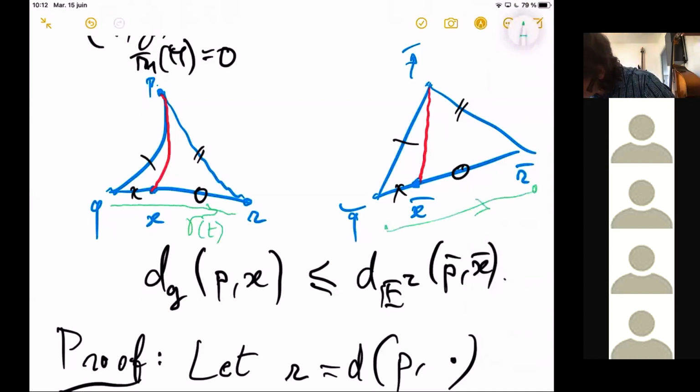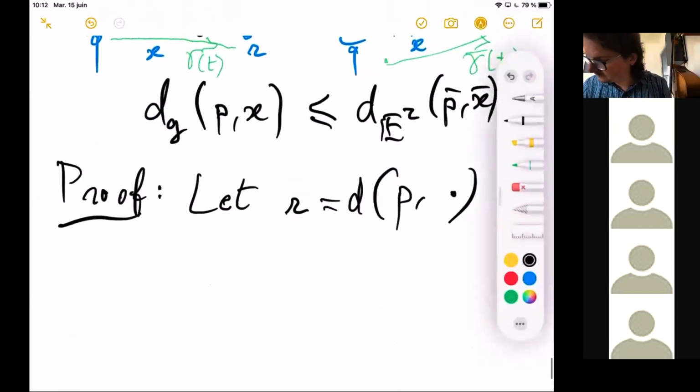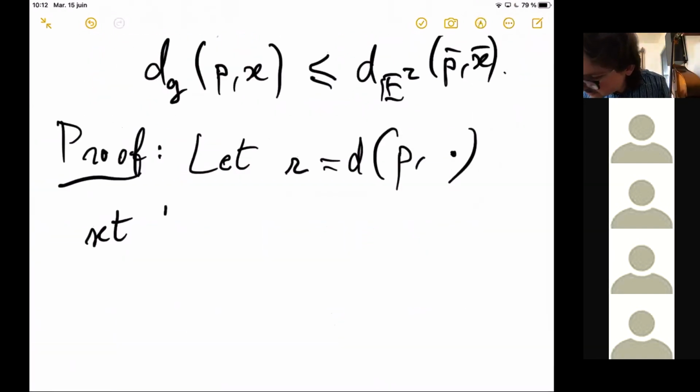And here would be gamma bar of t, parameterizing the lower side of those triangles. Set big L to be the distance from Q to R.